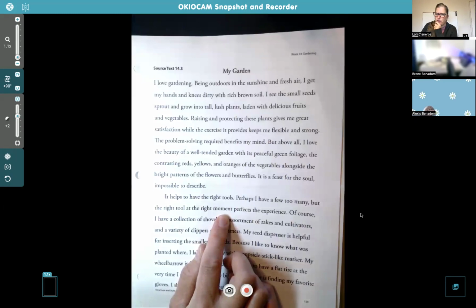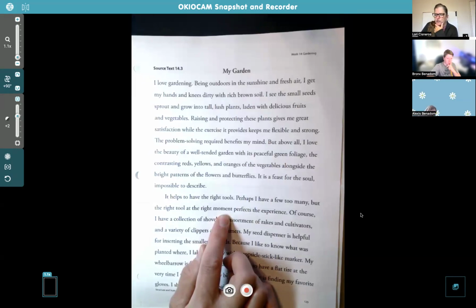Yeah, I think that's better. I like that. Perfects just means it helps, right? It makes the experience better when you have the right tools. That's true for anything you're doing that requires tools. It's really hard to dig a hole without a shovel. Oh yeah. Really hard.